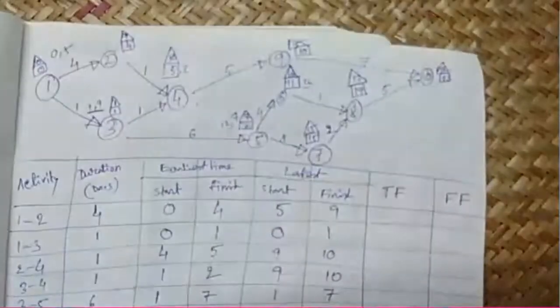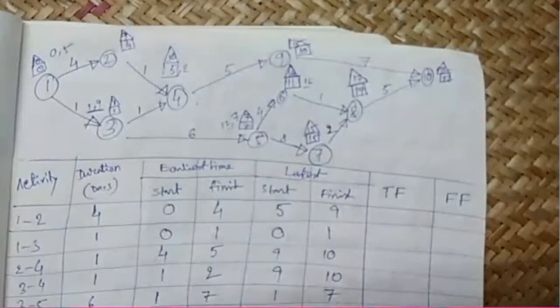So there are two options, 0 and 5, and we choose the minimum. That's why we'll write 0.